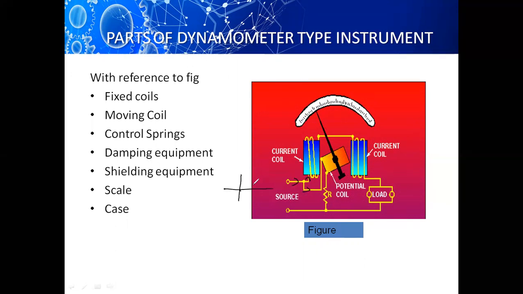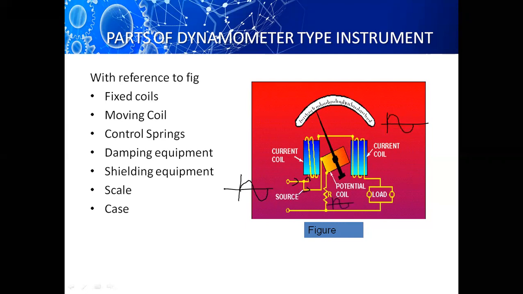Say we have an alternating source, you will have alternating currents flowing through the current coil and the potential coil. But the point to remember is the frequency is the same.